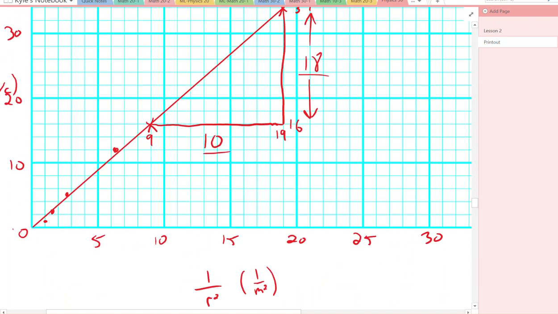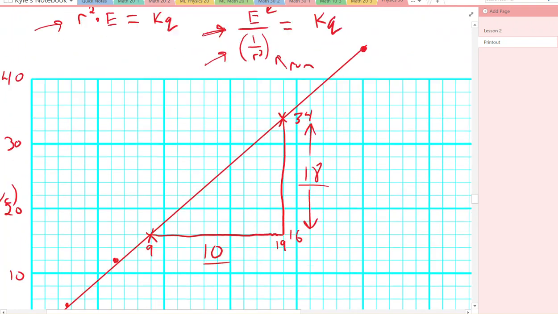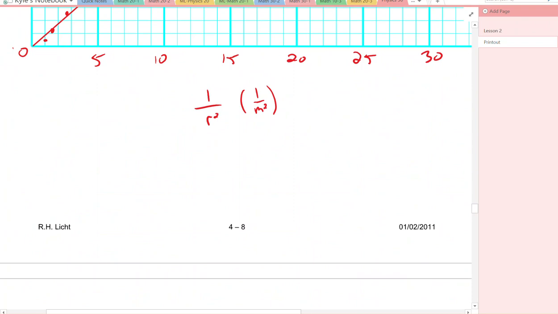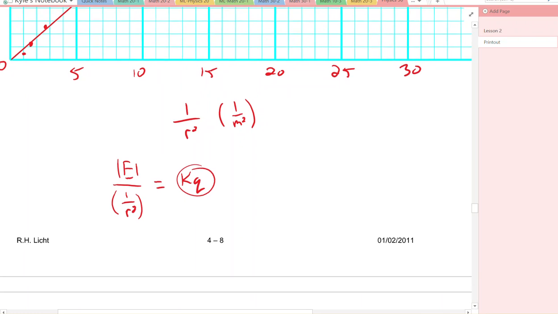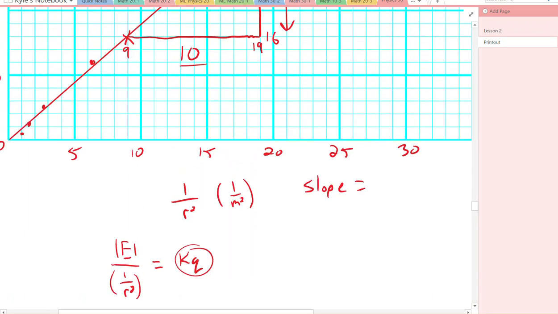Okay, so let's write down what our equation was again. We said that E over 1 over r squared was equal to KQ. Well, that means that KQ would be my slope in this case. So the slope of this graph will be rise over run.